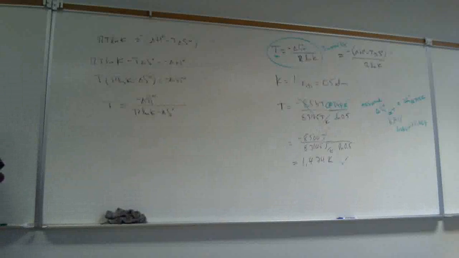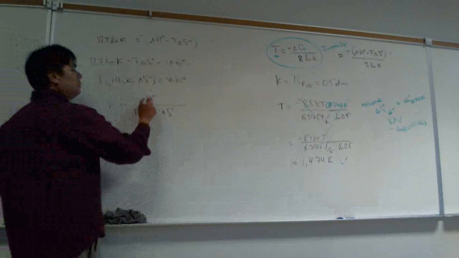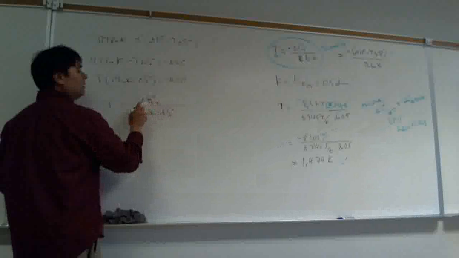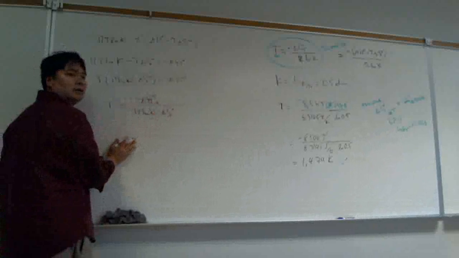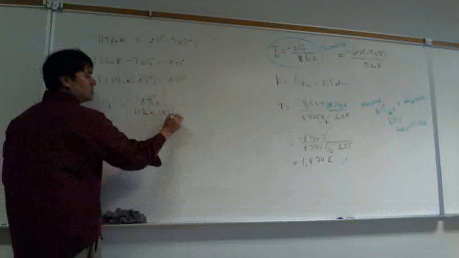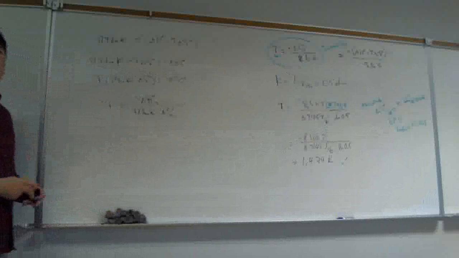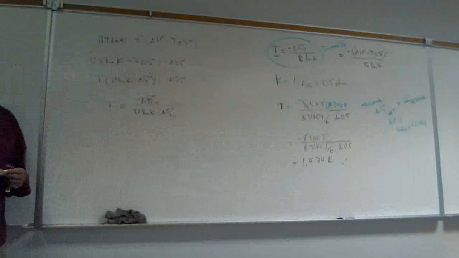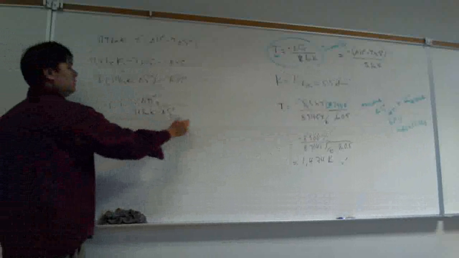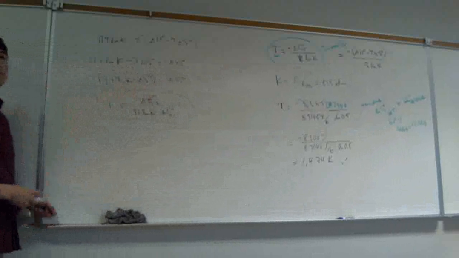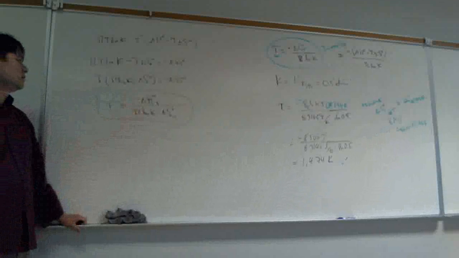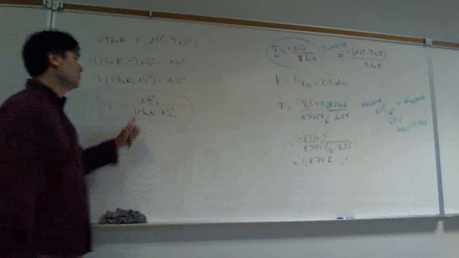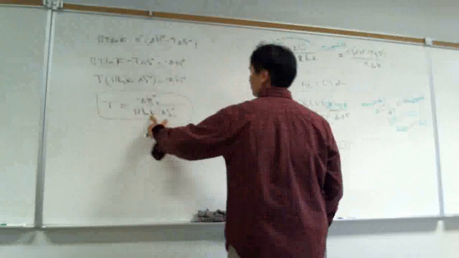Okay, does that work? Yeah, this seems to work because here we can make the assumption that delta H at temperature T is about equal to delta H at 298, and delta S at temperature T is about equal to delta S at 298. And so now this is okay. Your book is going to do it a little differently because it's going to distribute this negative in here and just flip these.